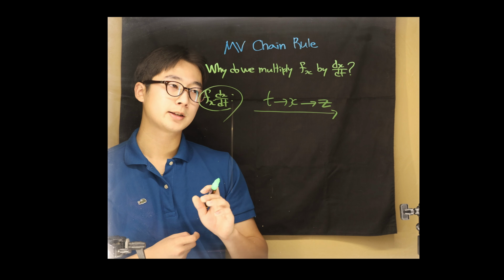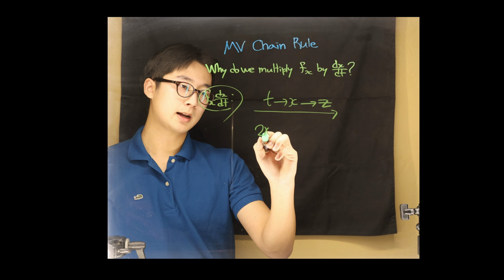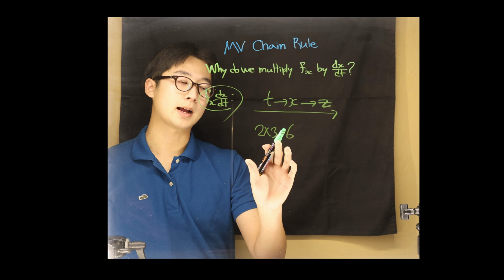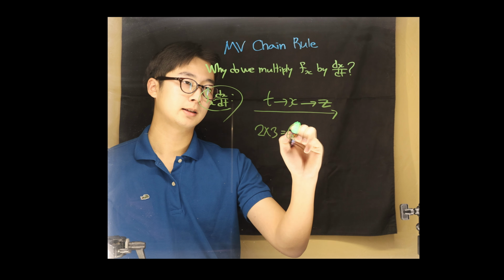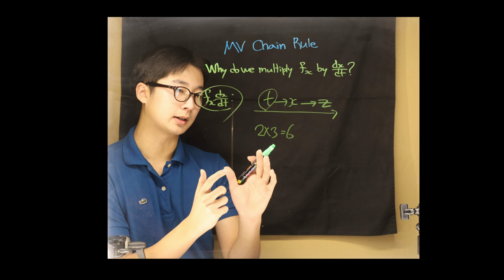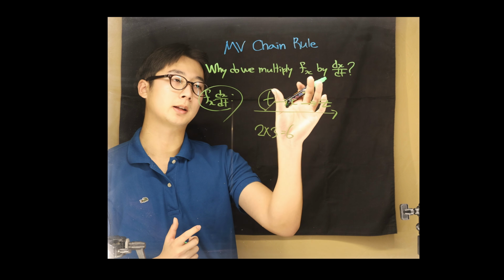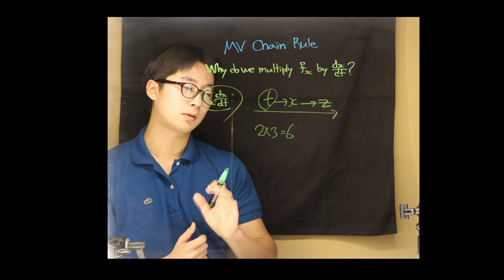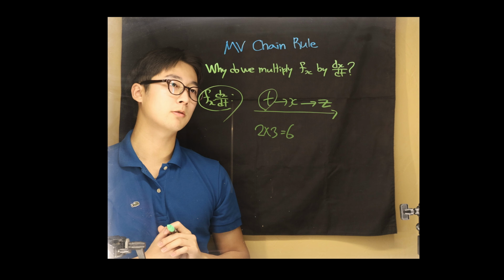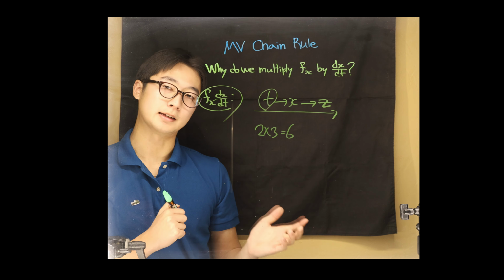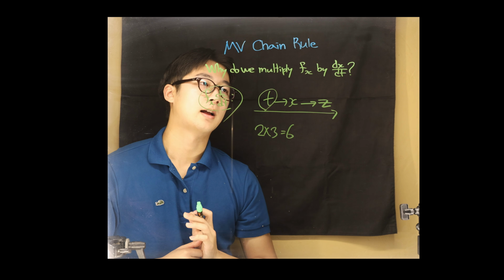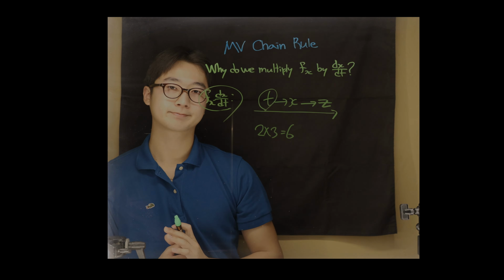Do you get it? So z changes 2 times 3, which is 6 times as fast with t. So this is the logic behind the multiplication. For the rate of change, we always multiply. So that's why we multiply here, the partial part times dx and dt.